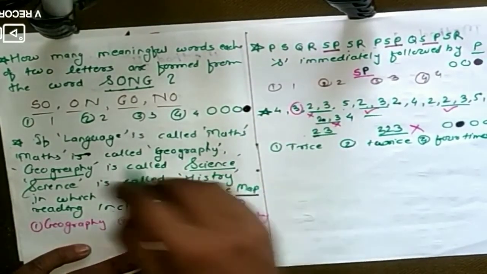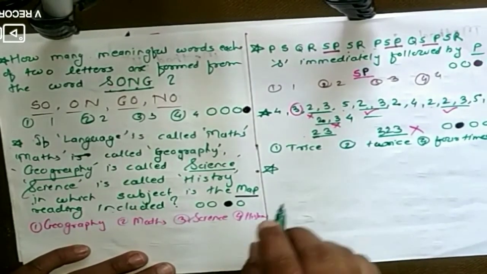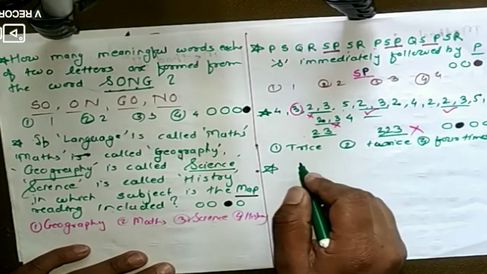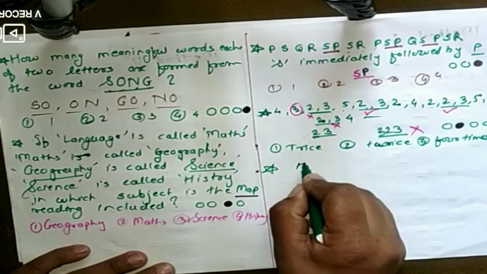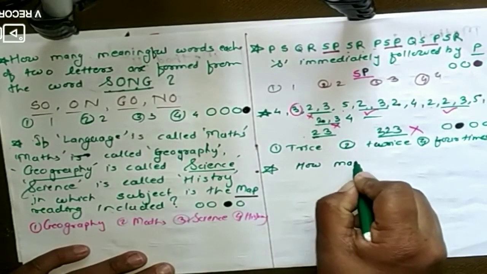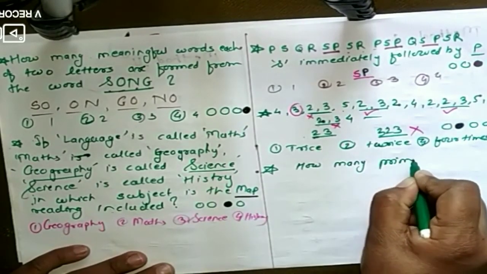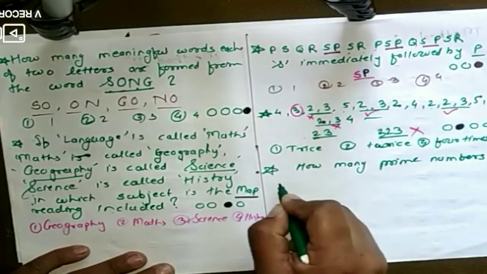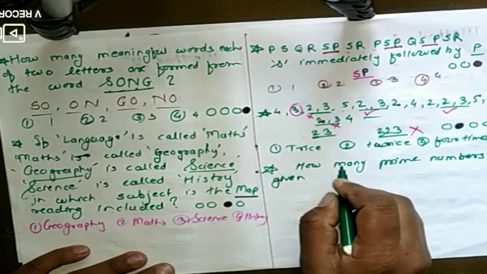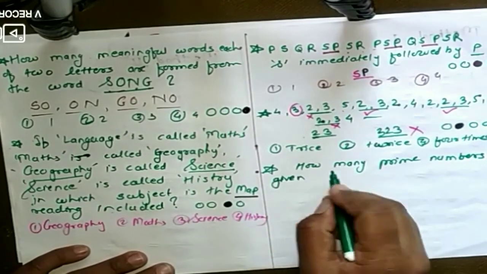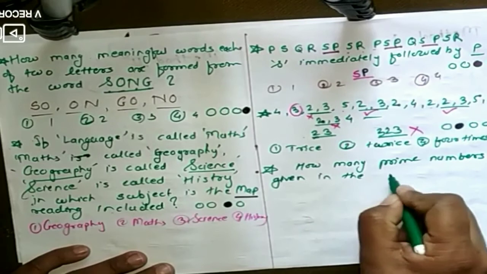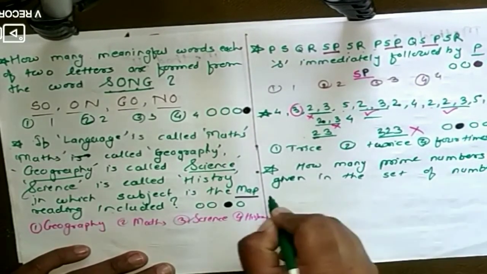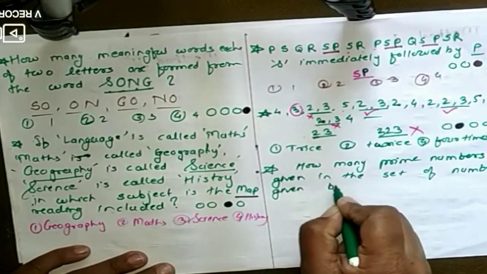In this question, we will write the question first. How many prime numbers are given in the set of numbers given below?